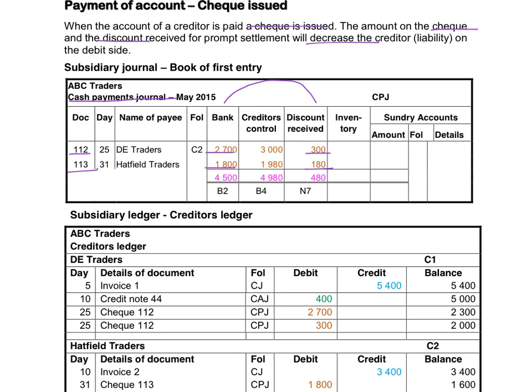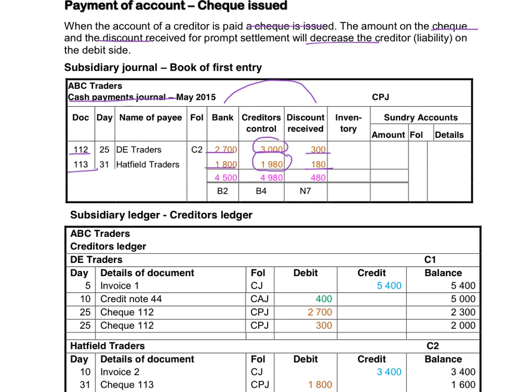So the 2,700 plus the 300 will reduce the creditors with 3,000 Rand. 1,800 plus 180 will reduce the creditors with 1,980.